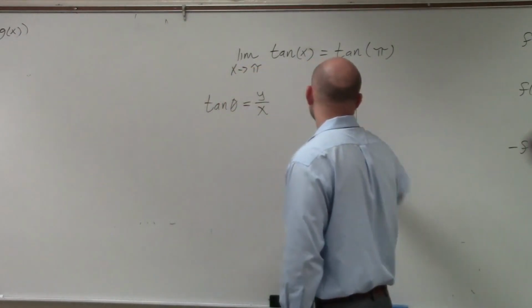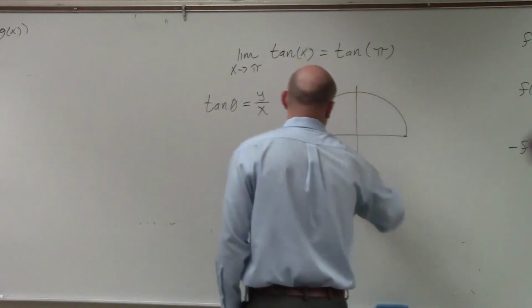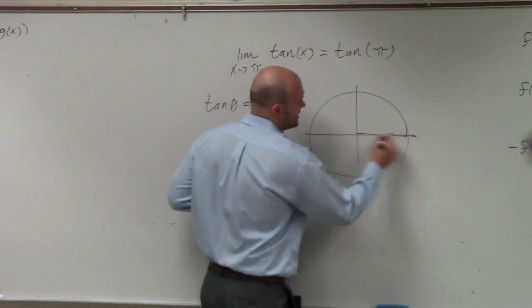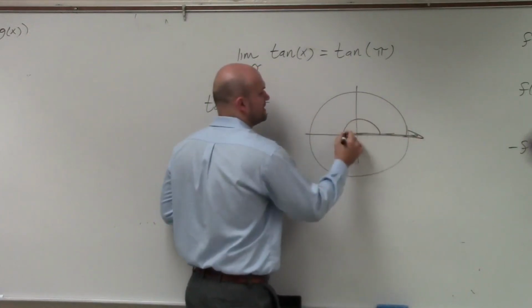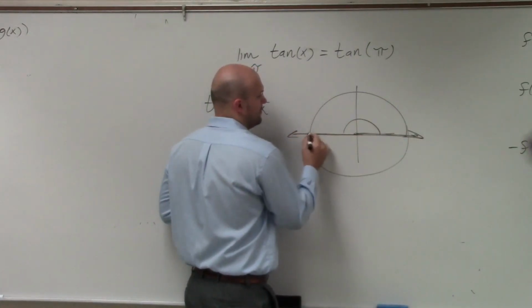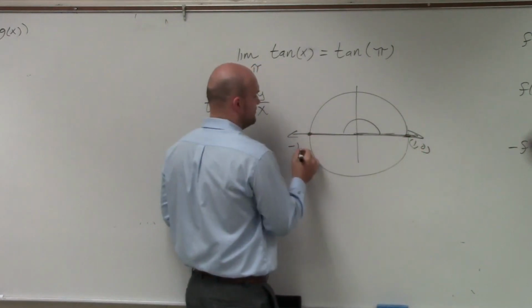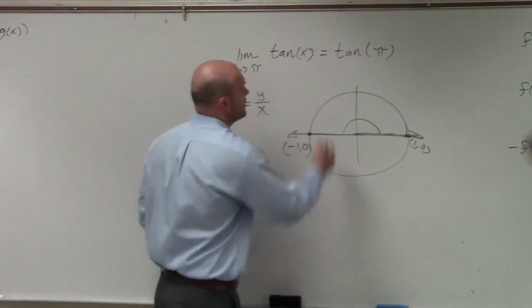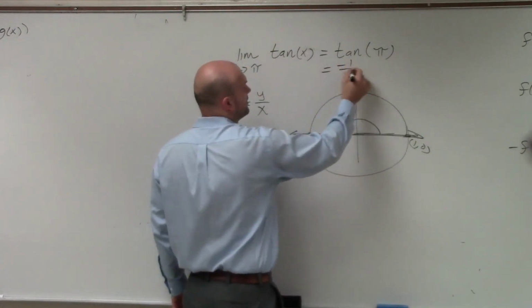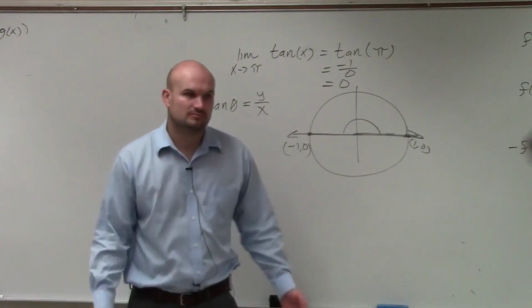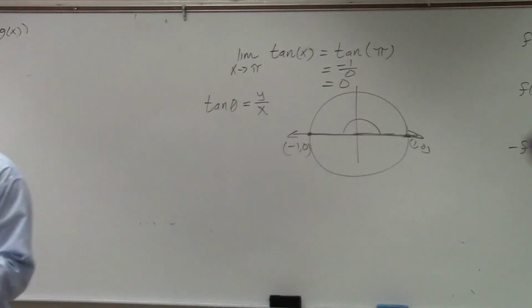If we look at the angle pi, starting at standard position, pi is going to be over here. If here on the unit circle is (1, 0), this point is (-1, 0). So therefore, what we'd have is 0 over -1, which is just equal to 0. And that's basically it.